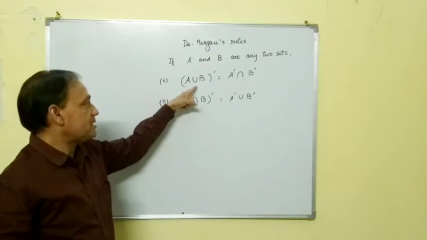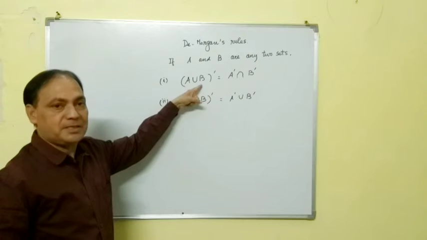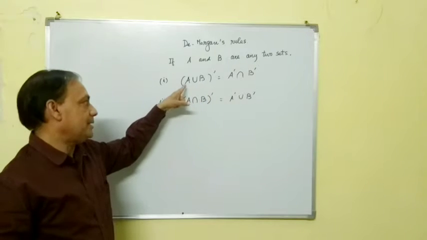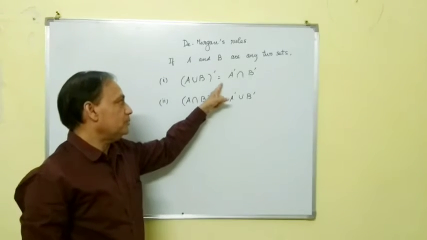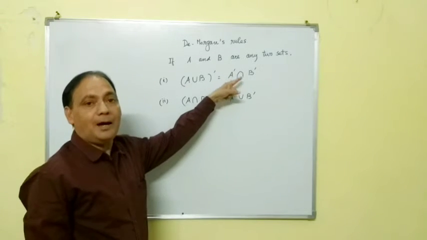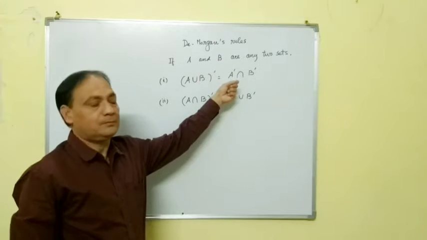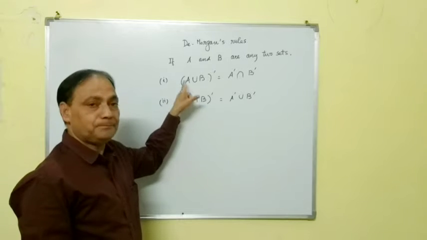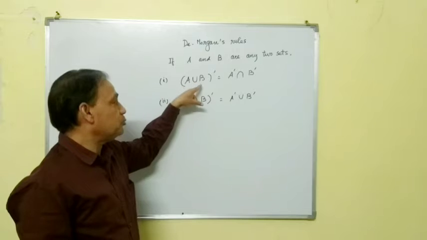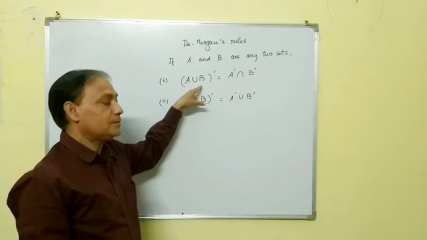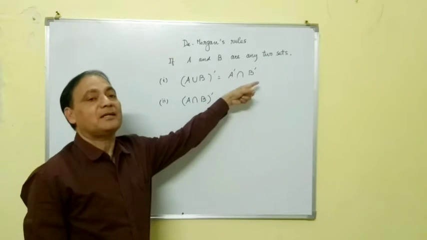So what is the first? A complement of union of two sets, that is A and B, is equal to the intersection of the complement of the two sets. Again, the complement of union of two sets is equal to the intersection of their complements.